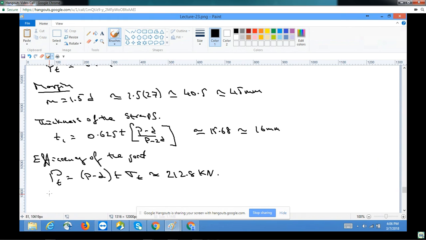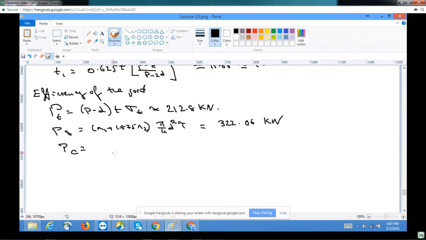Similarly, Ps is obtained as (n1 plus 1.875 n2) into pi by 4 d square tau, which is obtained as 322.06 kilonewtons, and Pc is (n1 plus 1.875 n2) times d t sigma c, which is 324.0 kilonewtons.